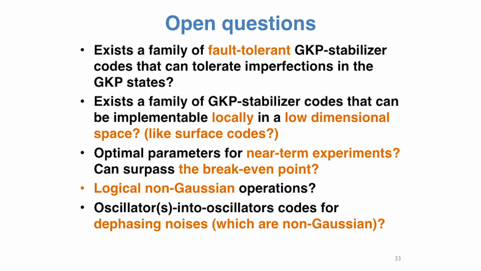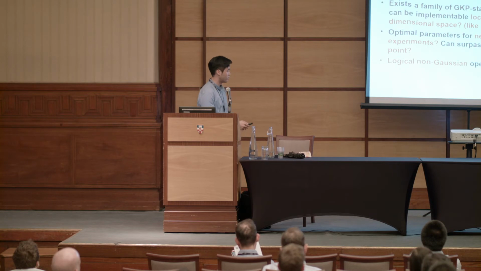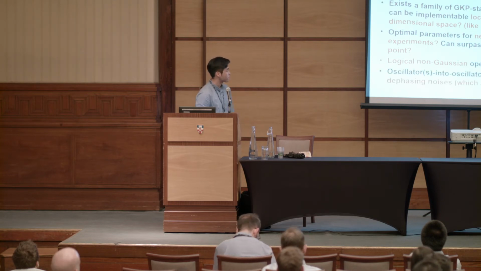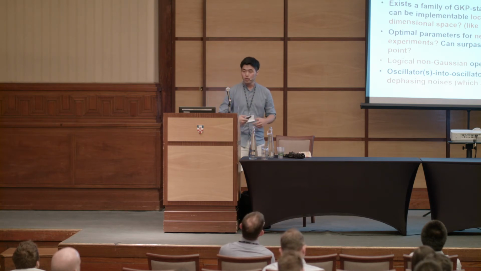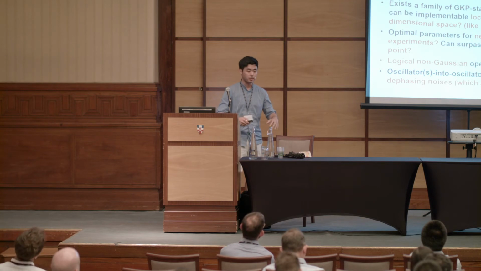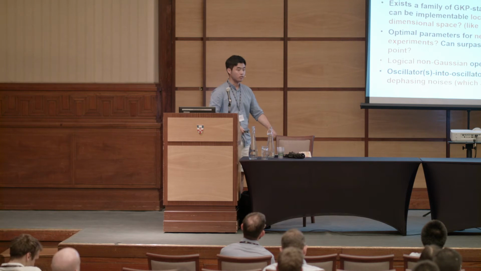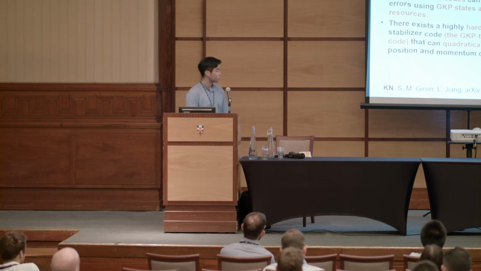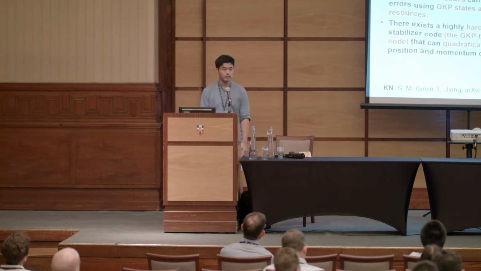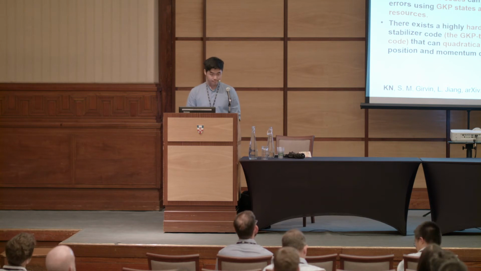And then we can also think about whether this is suited with the current technology. And I also talked about the Gaussian operations, so I think that's also an interesting thing to look into, whether we can do some non-Gaussian things with it. And like I said, what I came up with here only works for random displacement errors, so I think it's also worthwhile to think whether we can also correct non-Gaussian errors. So with that, I'll conclude here, and I thank you for your attention.